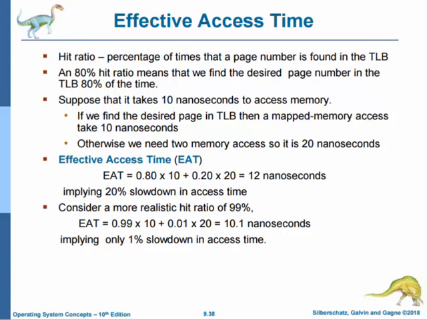But if we fail to find the page number in the TLB, then we must first access the memory for the page table and frame number, 10 nanoseconds, and then access the desired byte in memory, 10 nanoseconds, for a total of 20 nanoseconds. We are assuming that a page table lookup takes only one memory access, but it can take more, as we shall see.